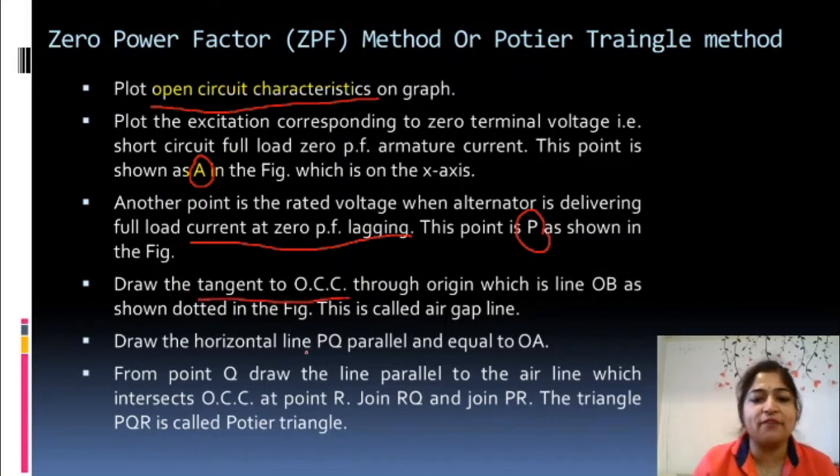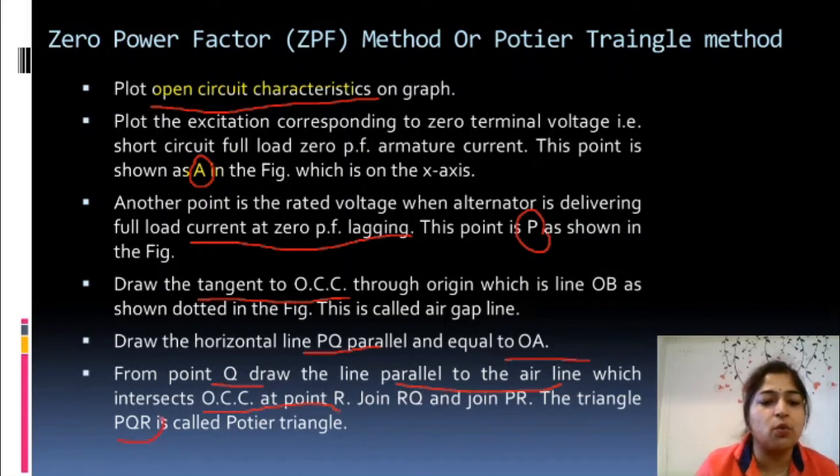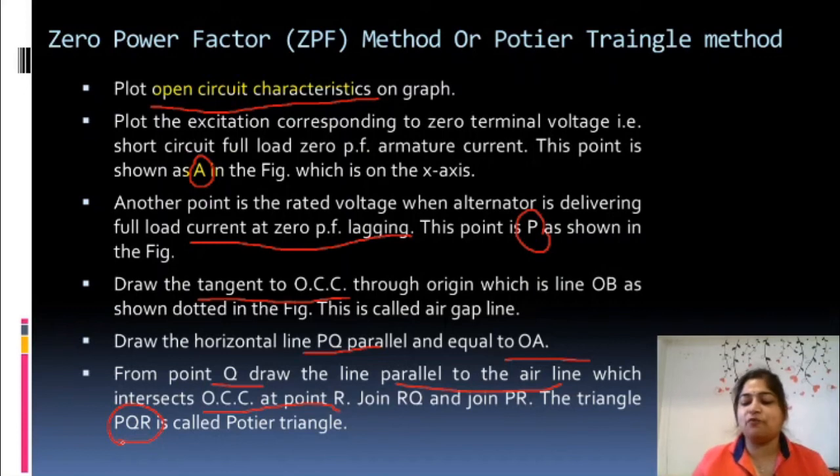Then we'll have a horizontal line PQ, which will be equal to OA. And then from point Q we will draw a parallel to the air line which will meet OCC at point R. We need to join RQ and PR, and we will get a triangle PQR, called the Portier triangle.